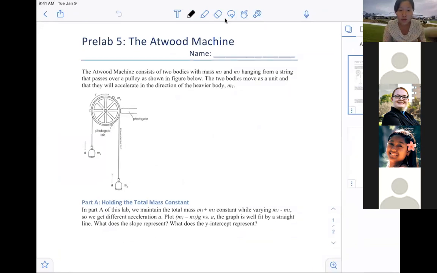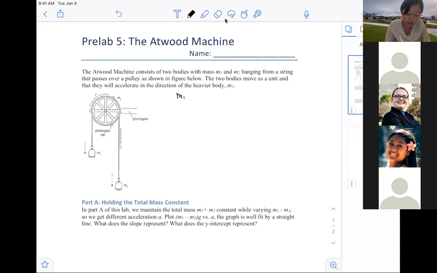Here we have a pulley with two different masses, M1 and M2, hanging on the pulley. And they accelerate together. So we know from the previous lab, if you have one system, you can view the string and the two different masses as an entire system, so that they will have the same acceleration.